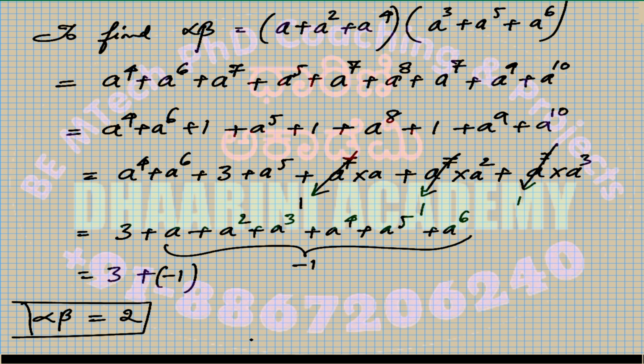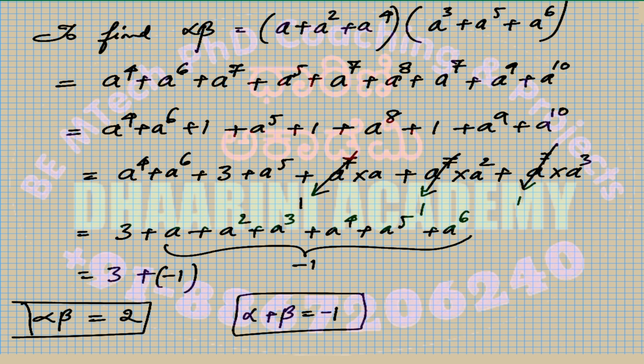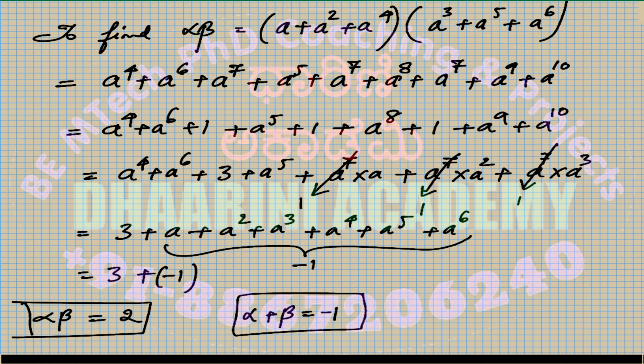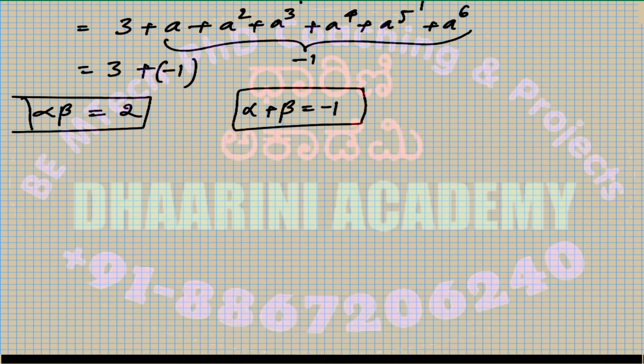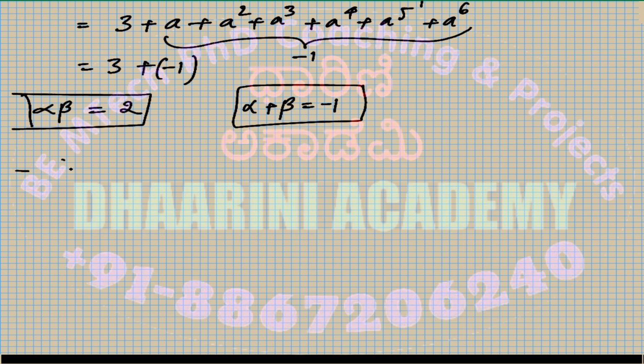So we found this. We already have found alpha plus beta equals minus 1. So if alpha and beta are the roots of the quadratic equation which we are looking for, and we know that the sum of the roots is minus 1 and the product of the roots is 2, then the quadratic equation can be directly written in the following fashion.